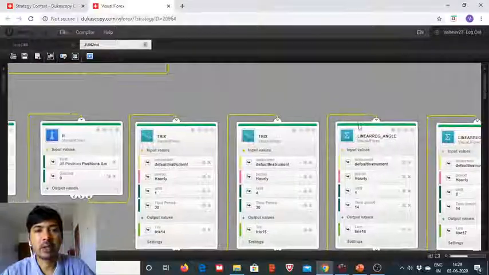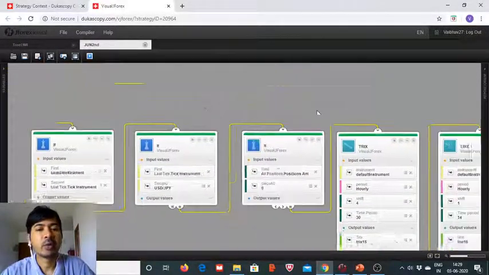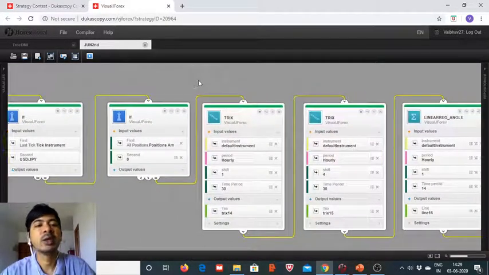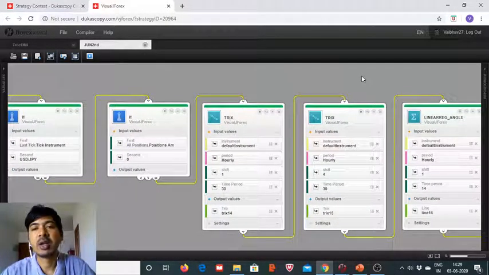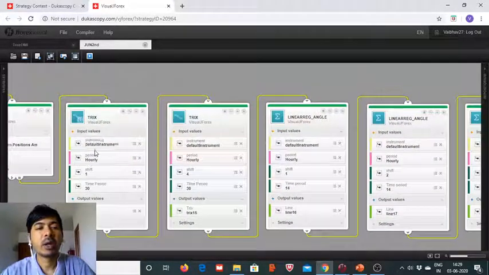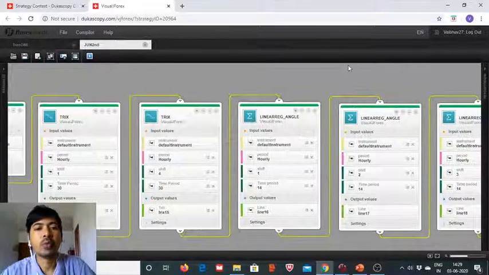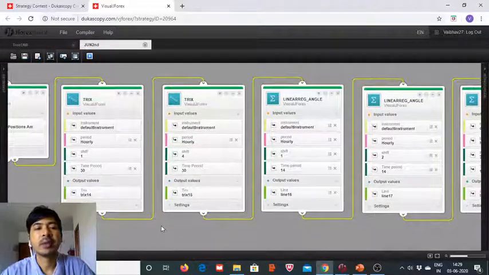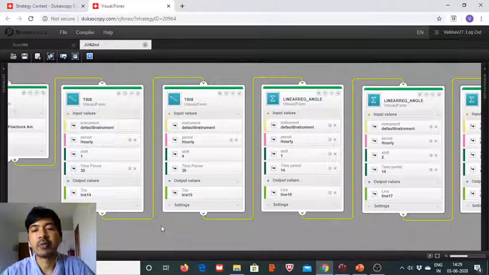Here we have done this setup so far, the instrument subscription. Here we are working with the USD JPY for this session. Then the position amount has been defined at 0. We got these TRIX blocks, two TRIX blocks with shift values 1 and 4 to compare whether the TRIX values are rising or falling.